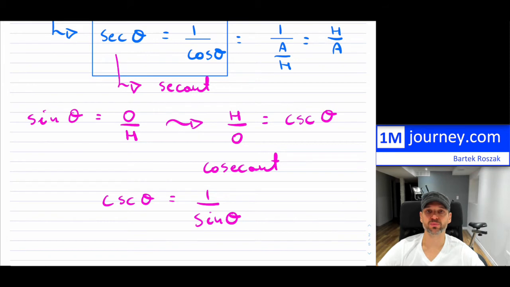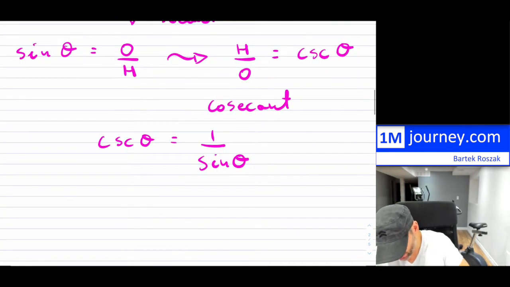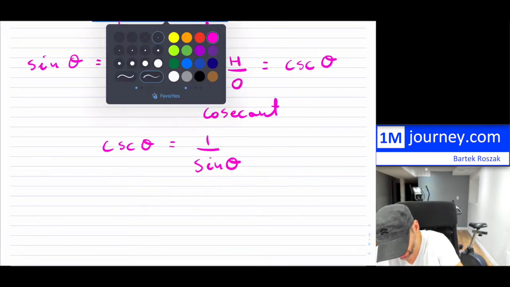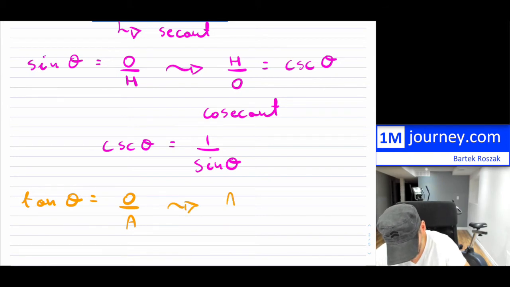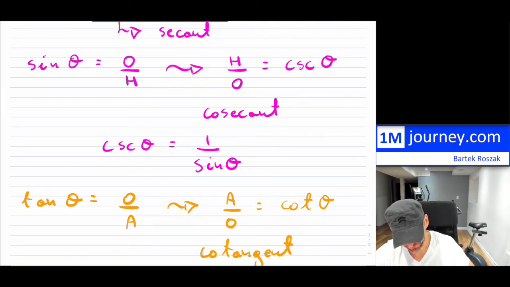And now you can probably deduce from this what the cotangent is. So tangent on its own, if I write out tangent here, I'll switch the color to make it a little more colorful. Tangent is opposite over adjacent, and if you take the reciprocal, then it's adjacent over opposite, and that is known as your cotangent. It's spelled simply co and then tangent like you normally would.